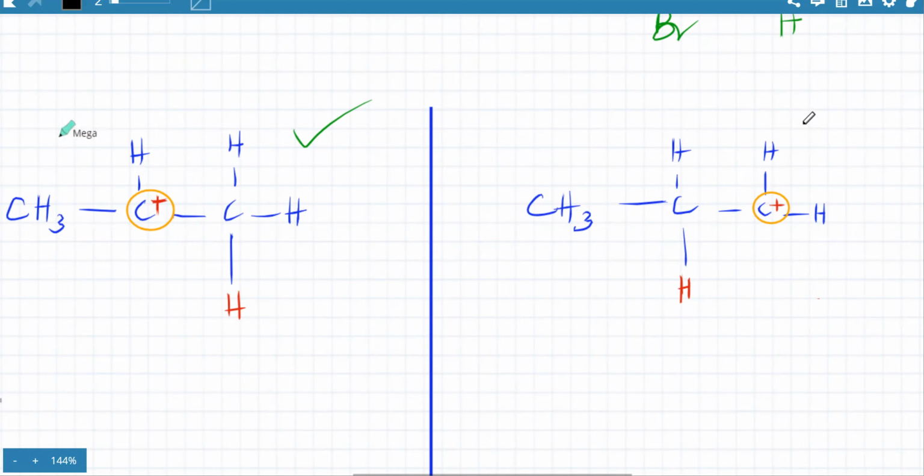There's a carbon atom to the right, so there are 6 electrons on the right side, and there's a hydrogen atom on the top, so that's 1 electron on the top. So how many electrons are surrounding this carbocation? There are a total of 13 electrons.